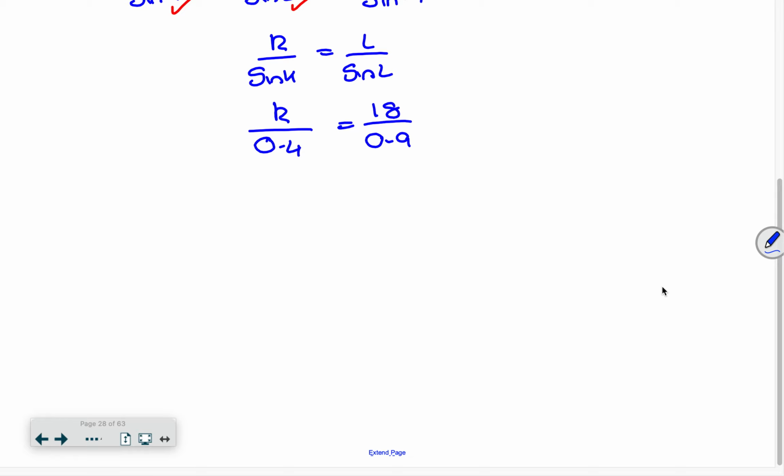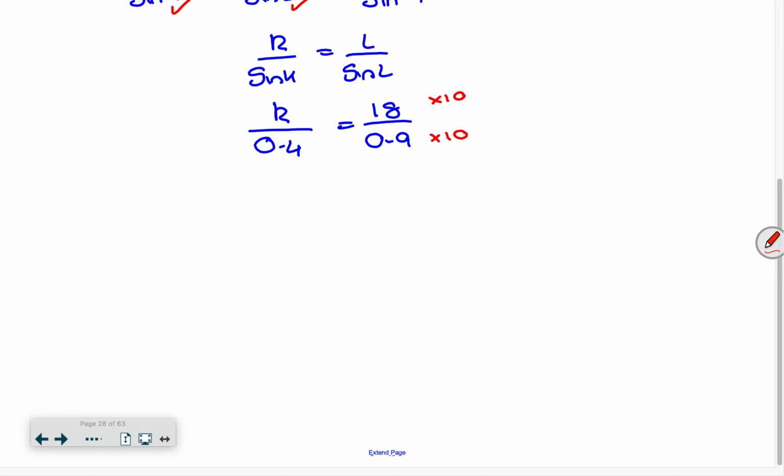Remember what you can do if you have an equation. If you multiply one side of an equation by something, as long as you do the same to the other side, you will always still get the same answer. The equation still balances. So what I'm going to do here is multiply my fractions by 10.